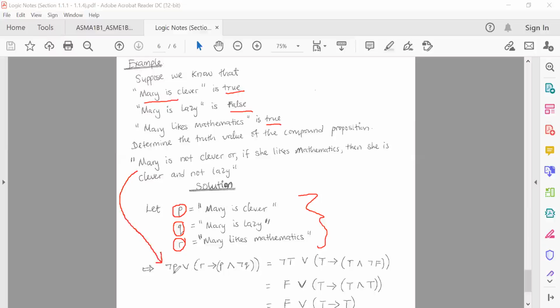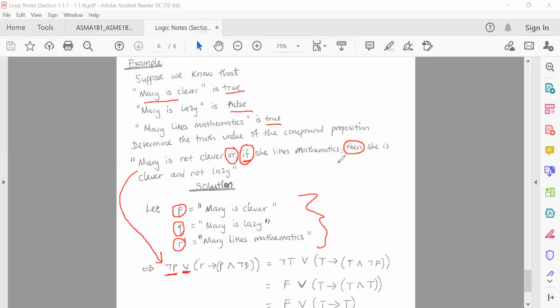So Mary is not clever. If P stands for Mary is clever, therefore Mary is not clever is going to be not P. Then they say or. We know exactly what or is, the disjunction, that one, V. Now read carefully. They say if she likes mathematics, then. The catch here is the if and then, so you read these two at the same time.